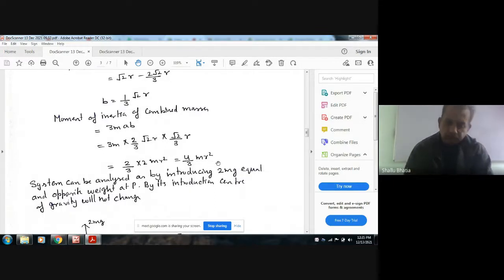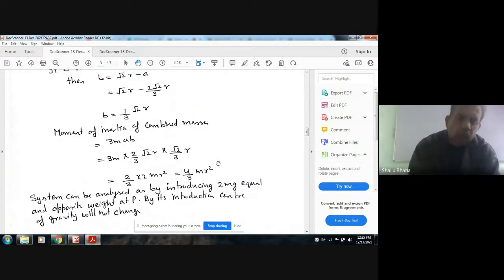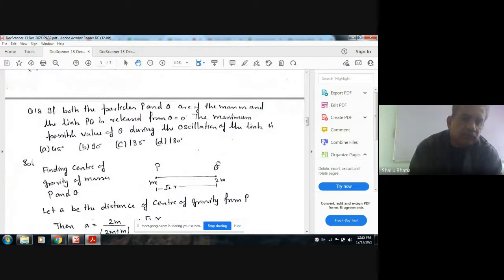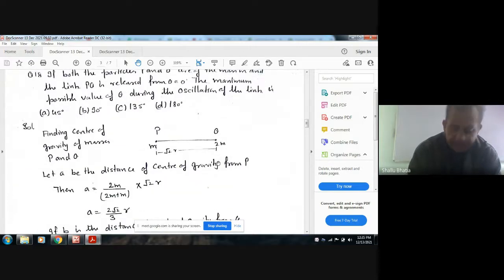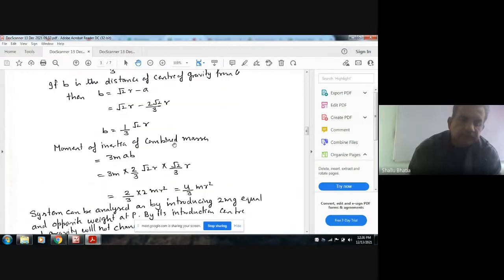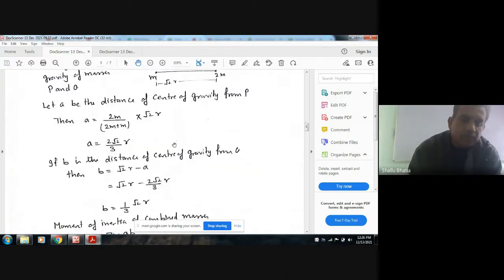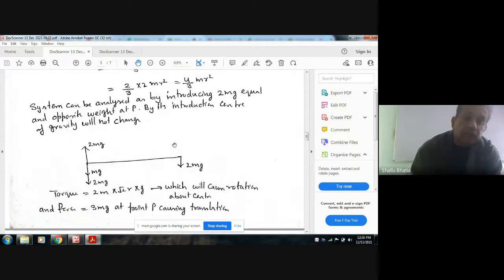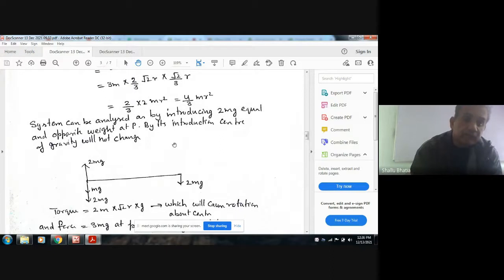As rotation is involved, we need this I, and rotation will take place about the center of gravity of the system, which is at a distance A from point P. Here the mass is m and here the mass is 2m.